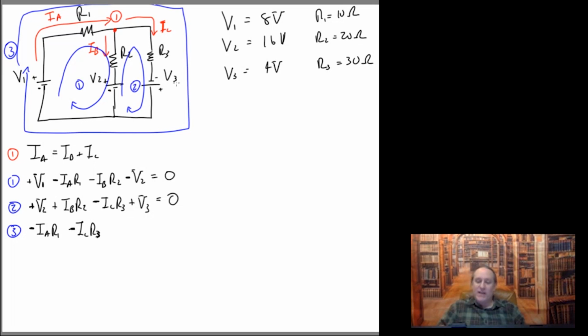Then we get to battery V3. It's a plus V3, just like last time, because we are moving across the battery from the bottom to the top of the battery. And then we get to V1, it also gets a plus sign because we're moving from the bottom to the top.